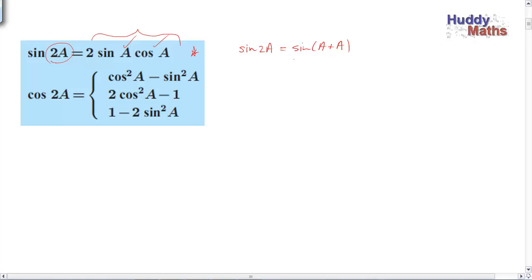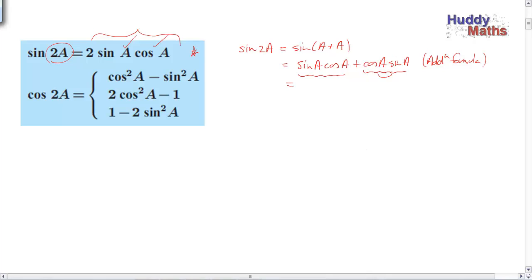All right, we're back now. Let's do it. Sine of a plus a is sine a cos a plus cos a sine a, using the addition formula there. So this is one lot of sine a cos a, and cos a sine a is the same.